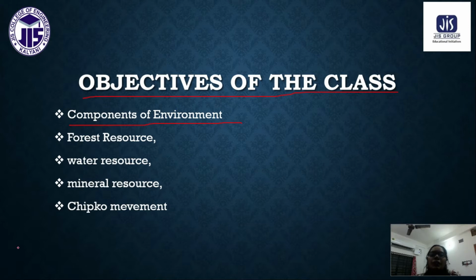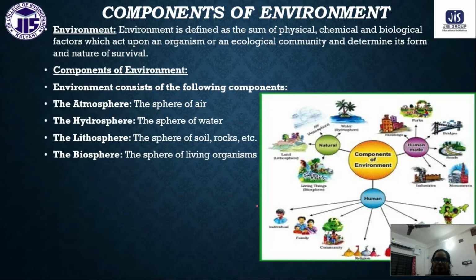Second, we will discuss some of the resources, that is forest resources, water resources, mineral resources and the Chipko movement. And also we will discuss environmental degradation, how the environment is getting polluted and degraded day by day by our activity. Okay, so all this we will discuss in today's class.